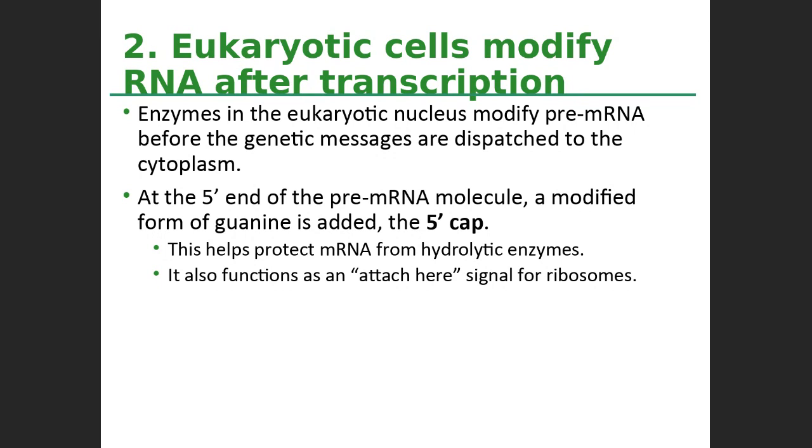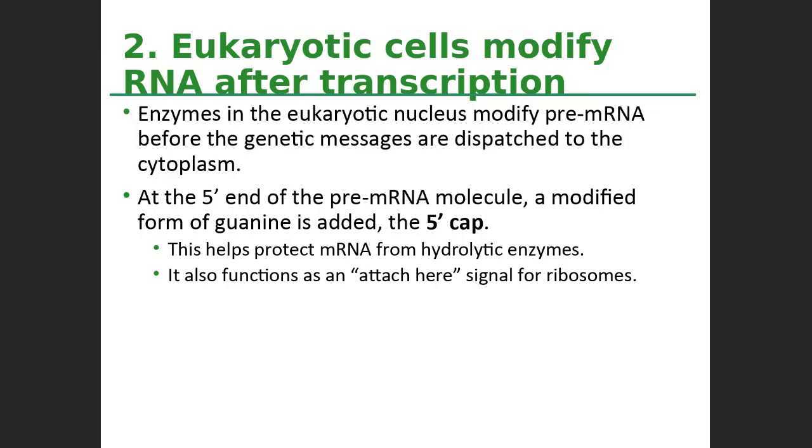So that helps to protect the messenger RNA from hydrolytic enzymes because, again, messenger RNAs are short-lived molecules. And so a 5' cap helps to stabilize them. They have to be transported from nucleus to cytoplasm, so they've got to last long enough, right, to reach a ribosome so they can be translated.